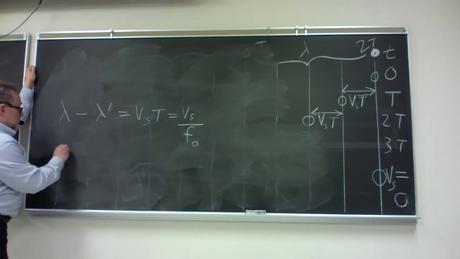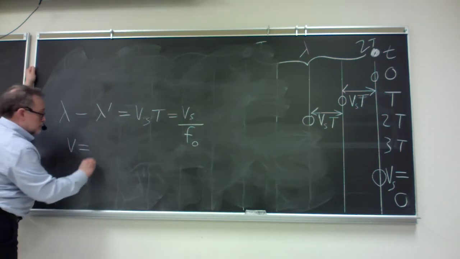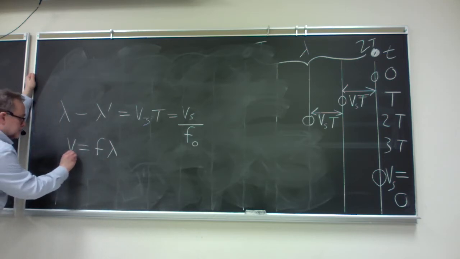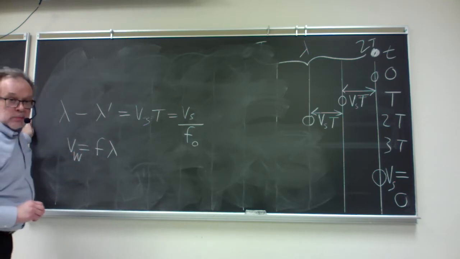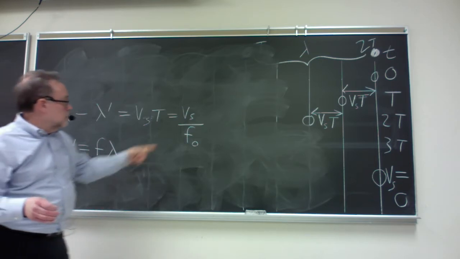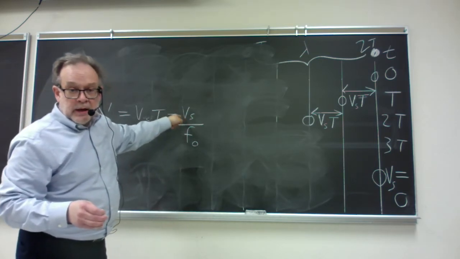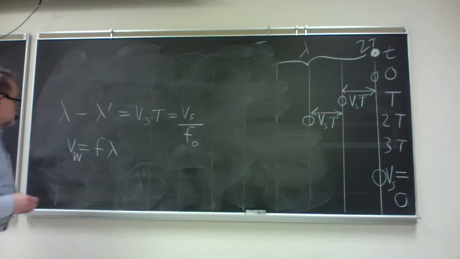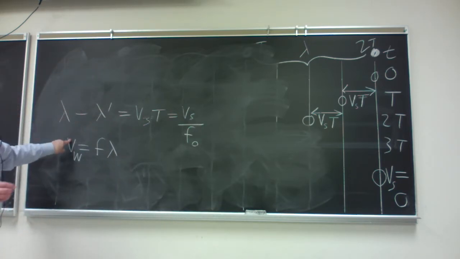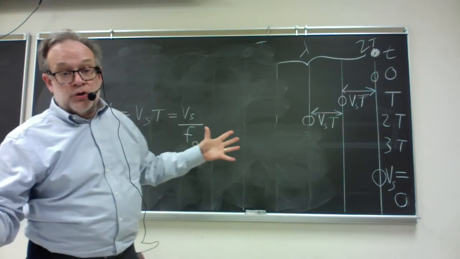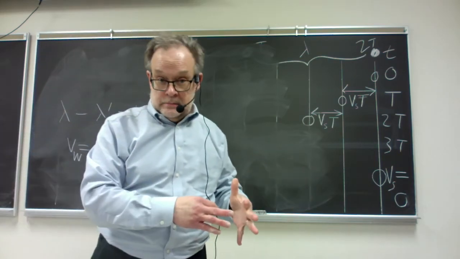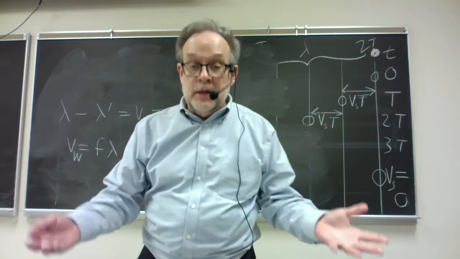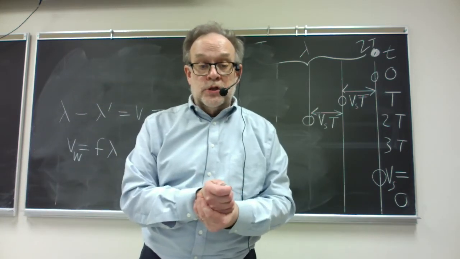So in other words, our basic equation that connects wave speed, frequency, and wavelength is like that. I'll write V_W to distinguish it from the other velocity that we'll have here, source velocity. So this is the same whether the source is moving or not, because remember, wave velocity depends only on the medium through which the wave is traveling.